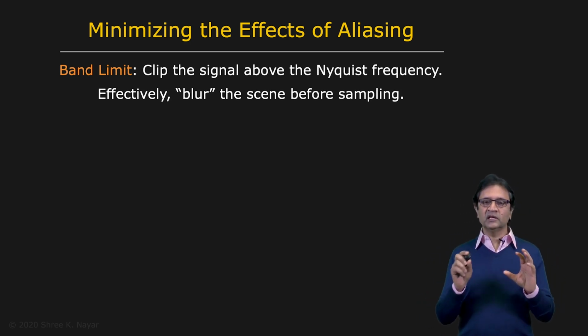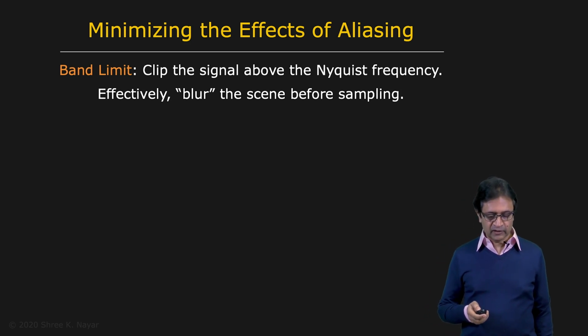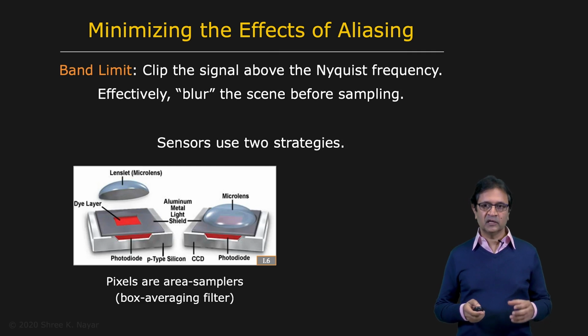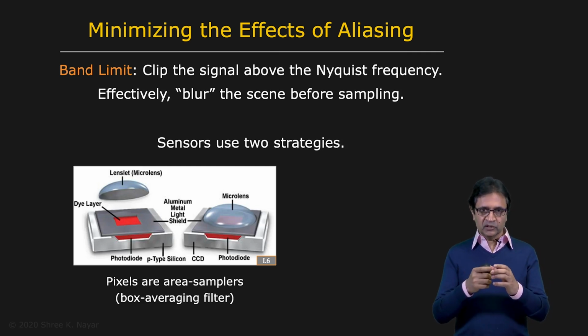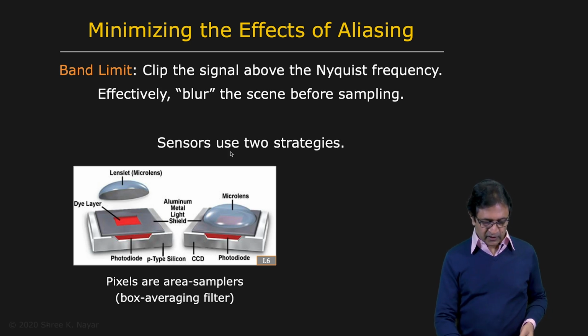There are actually two things that help us with respect to minimizing the effects of aliasing. First is the design of the image sensor itself. Now remember, the pixels on the image sensor actually are areas. They have a finite area associated with them. They collect light falling on, say, for instance, this square area that you see here. So it's not the light falling at a single point, but it's the light falling on an area.